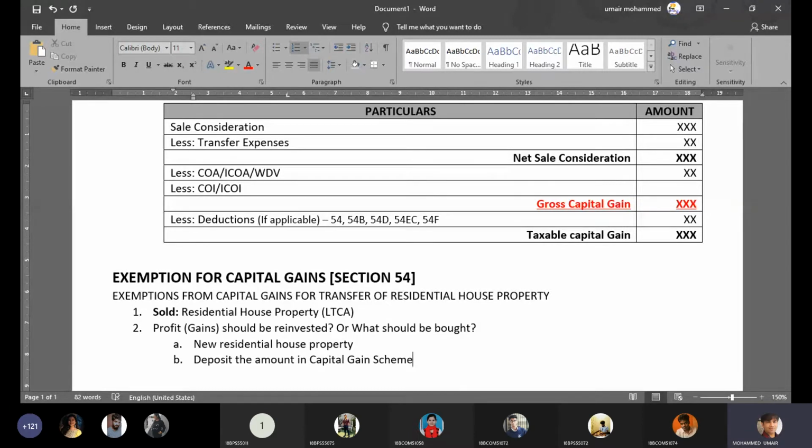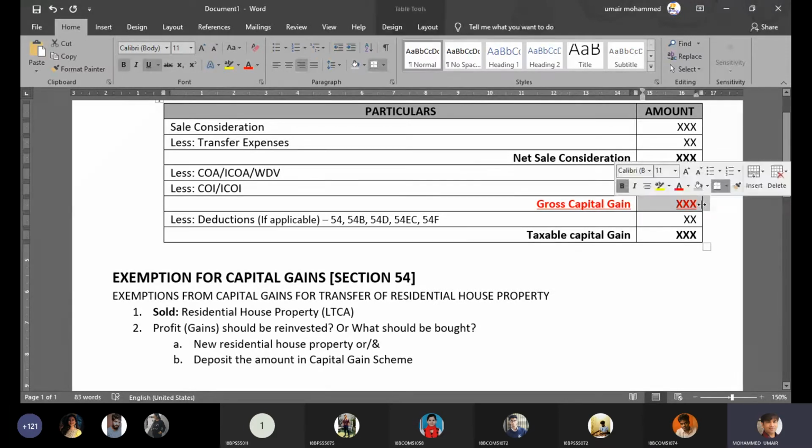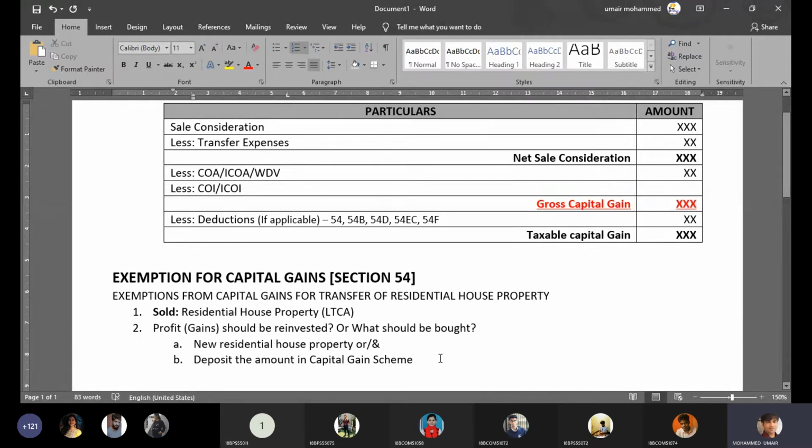This capital gain scheme is like a deposit scheme offered by all nationalized banks. Or you can do a combination of both. Of all the profit you have made, some amount you buy a house property with and some you invest in the capital gain scheme. The choice is yours. You do either one of these, or you can do both, right?